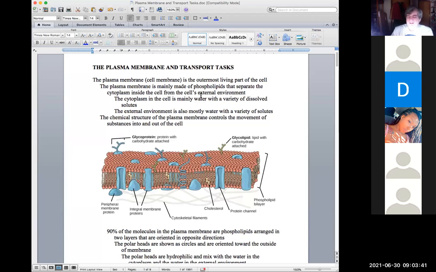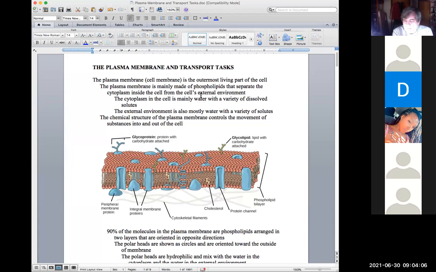It keeps the cell intact, but even more than that, since the plasma membrane completely surrounds every cell, for anything on the outside to get into the cell, it has to pass through the plasma membrane. For anything on the inside of the cell in the cytoplasm to get out, it has to go through the plasma membrane.